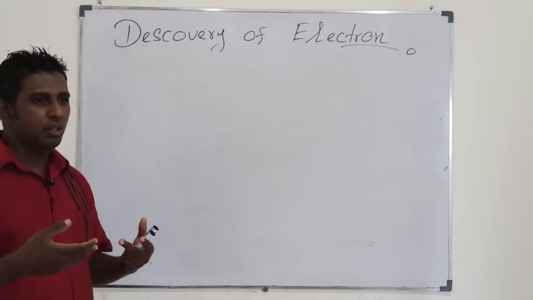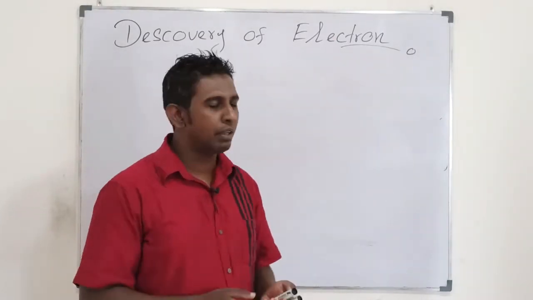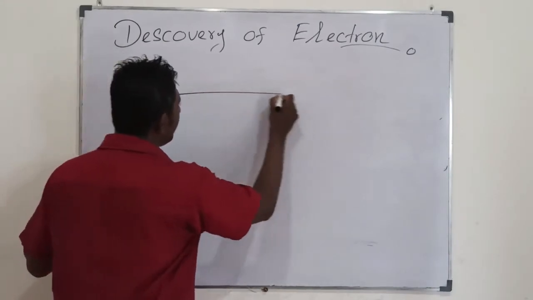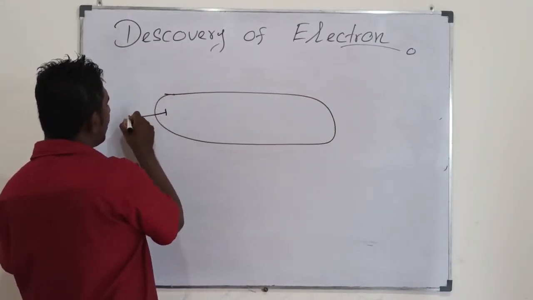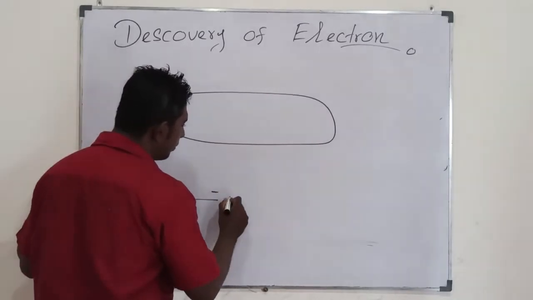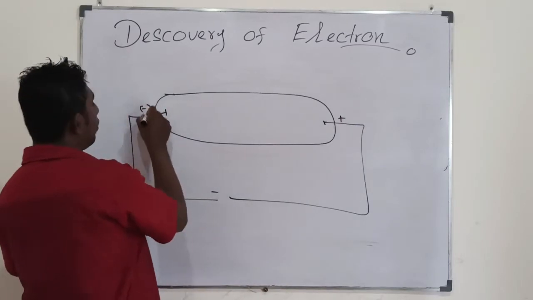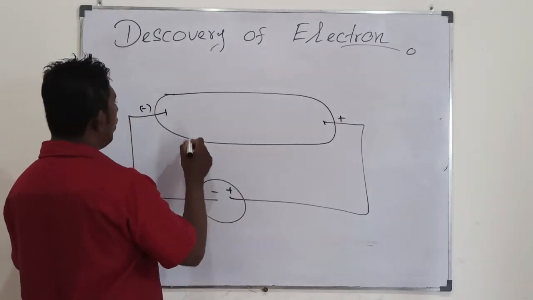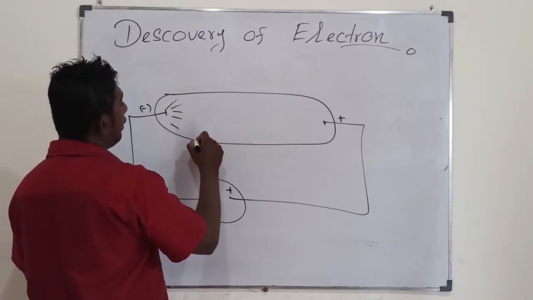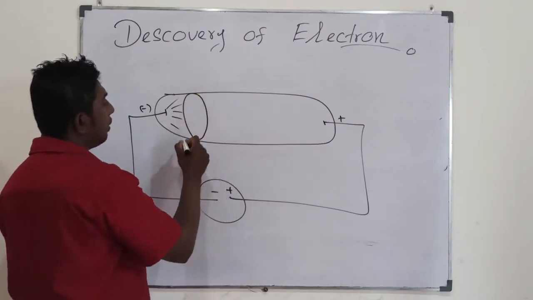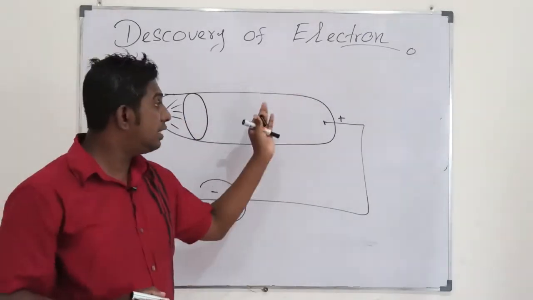Students, he first wanted to have a fine beam of these cathode rays. For that reason, when there is a cathode ray tube like this, having a cathode here, the anode here, the cathode could emit cathode rays all around. Therefore, he first blocked all the cathode ray emission towards this direction.